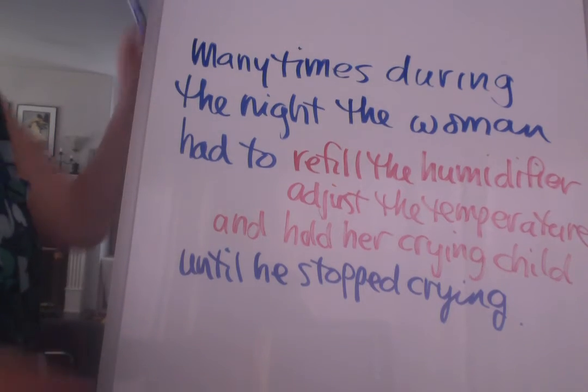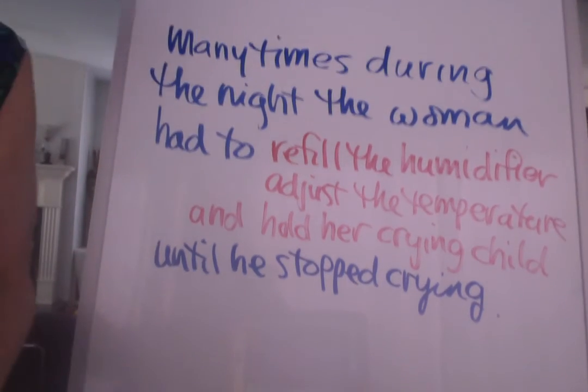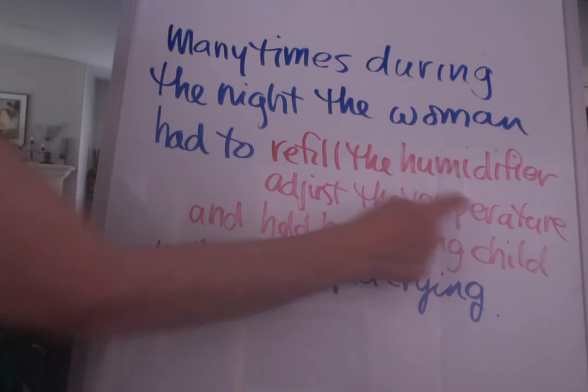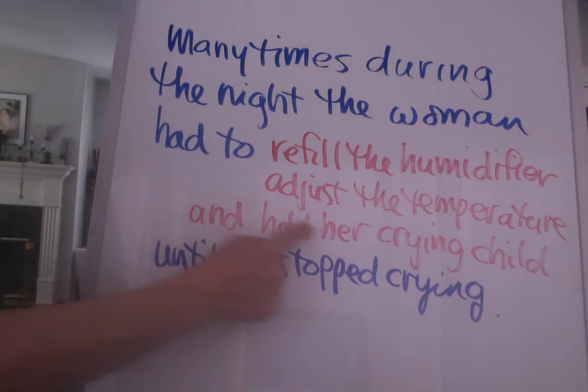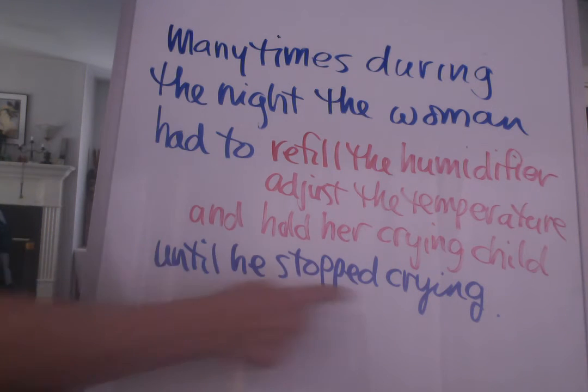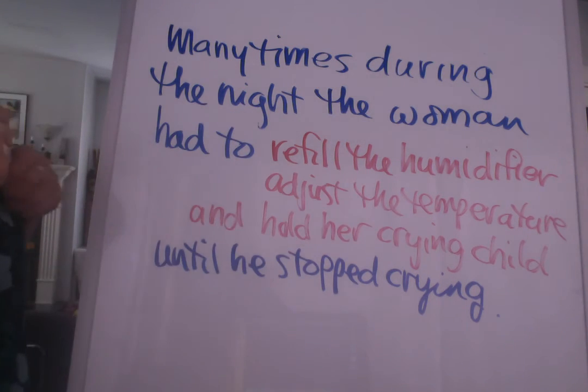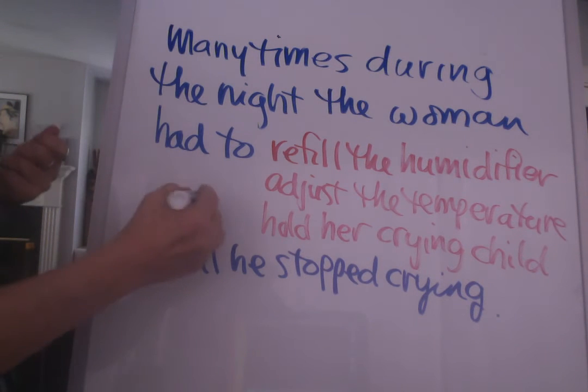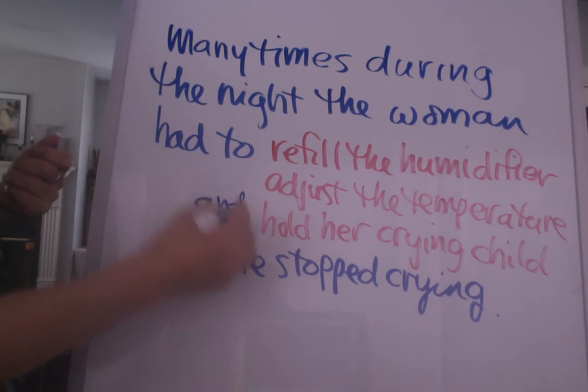Many times during the night, she had to refill the humidifier, adjust the temperature, and hold her crying child until he stopped crying. So these 3 things that I put in blue here, those are the things that are in the list.